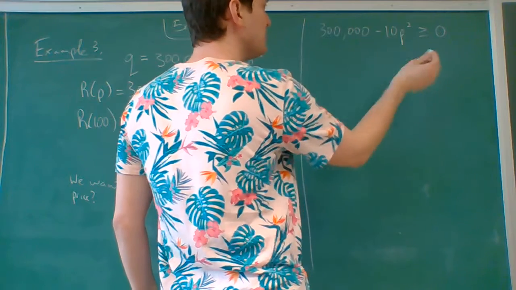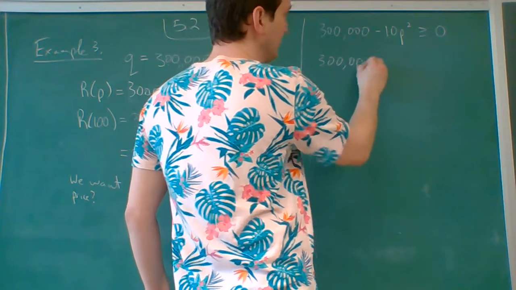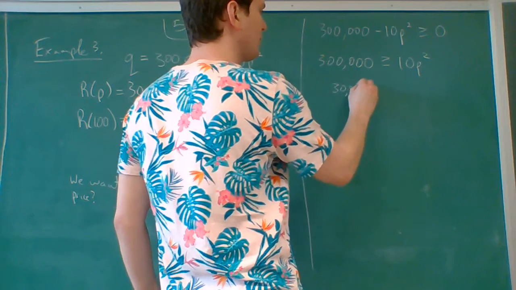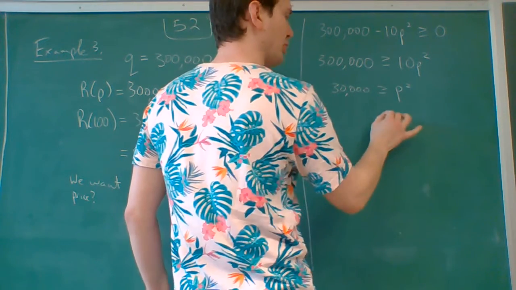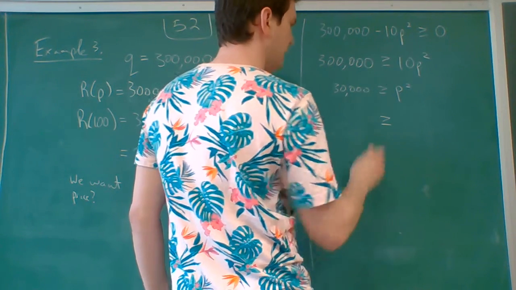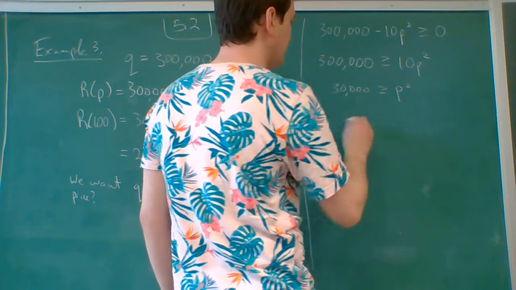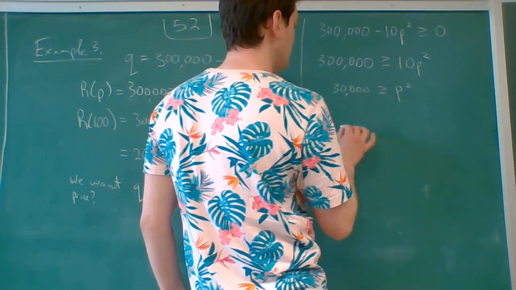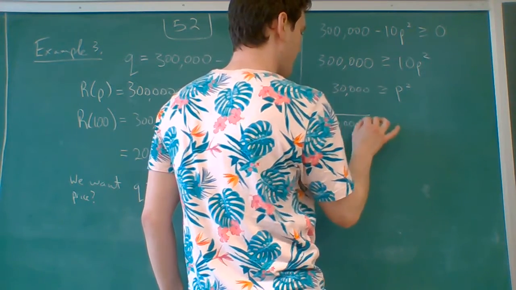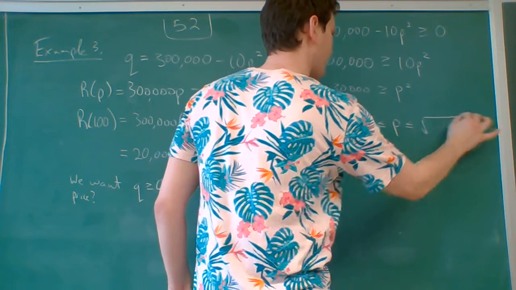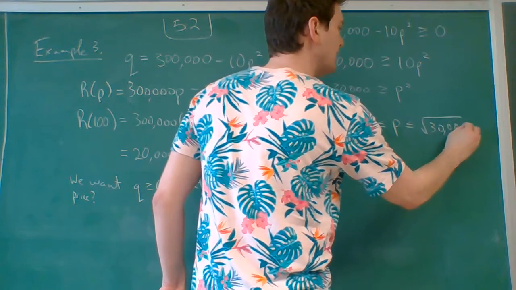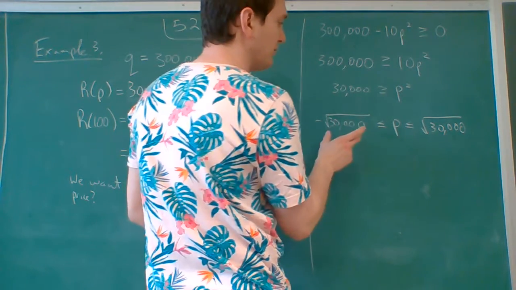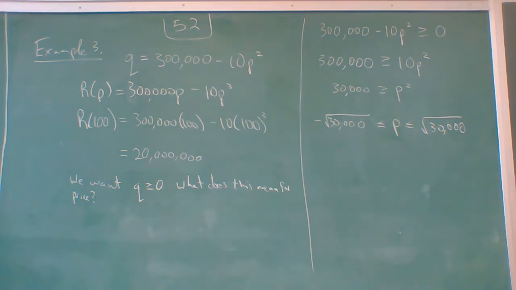If I solve this inequality, add 10P squared to both sides, divide by 10, and then square root both sides, this is going to bound P between the positive and negative value that we get from square rooting both sides.